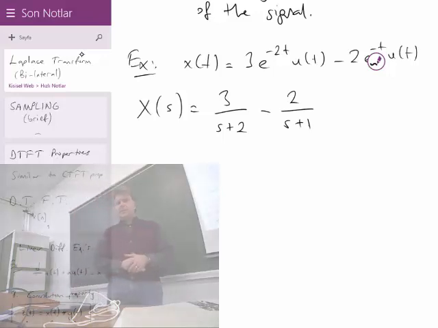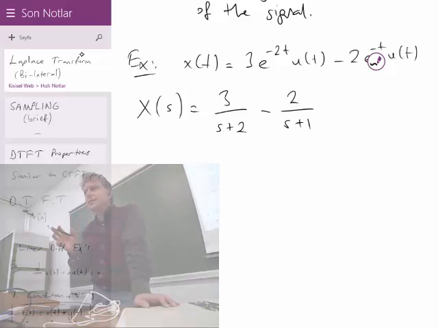So this is the Laplace transform that we have. Very well. And as you see, we have two poles. You may want to compact this, combine them, and make it a second order denominator or things like that. That's possible. But we don't really care about that for the time being.